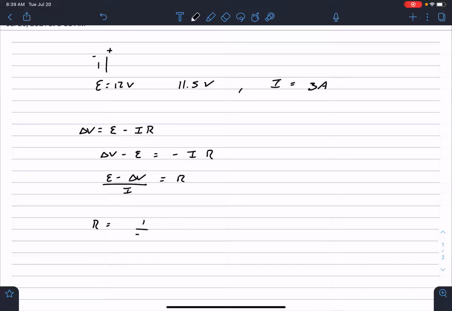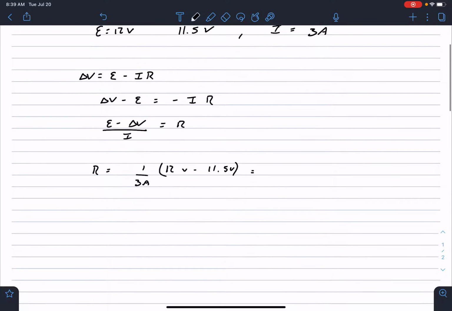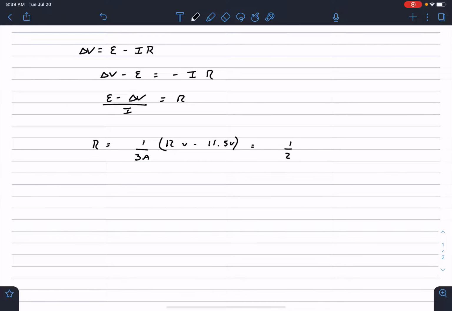So 1 over 3 amps, we have 12 volts minus 11.5 volts. So that leaves us with 1/2 times 1/3 equals 1/6 ohms.